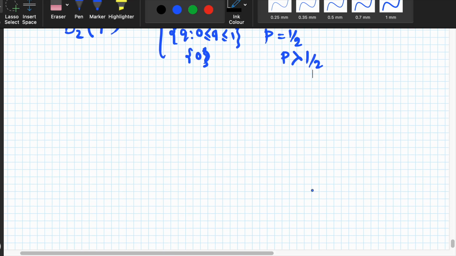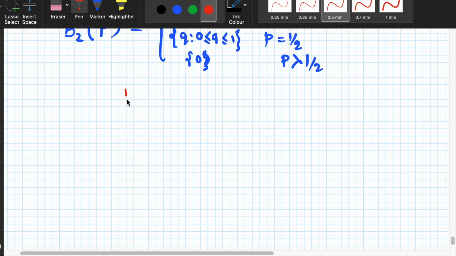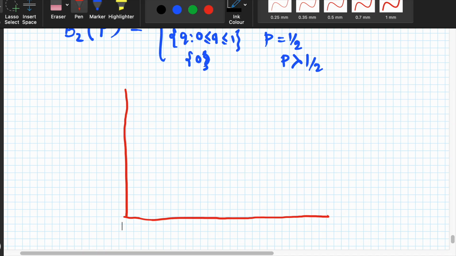So now we can graphically represent the best response functions. Suppose this is 1, this is 0, and this is half.